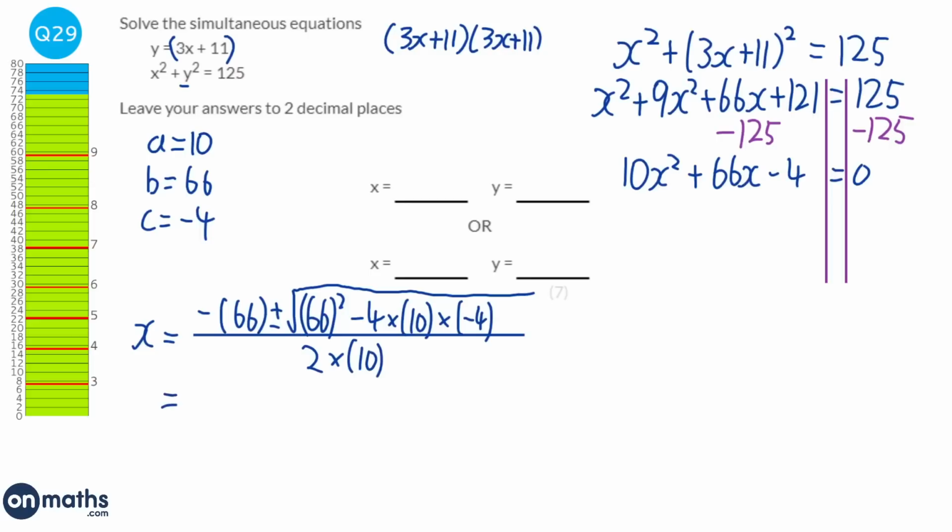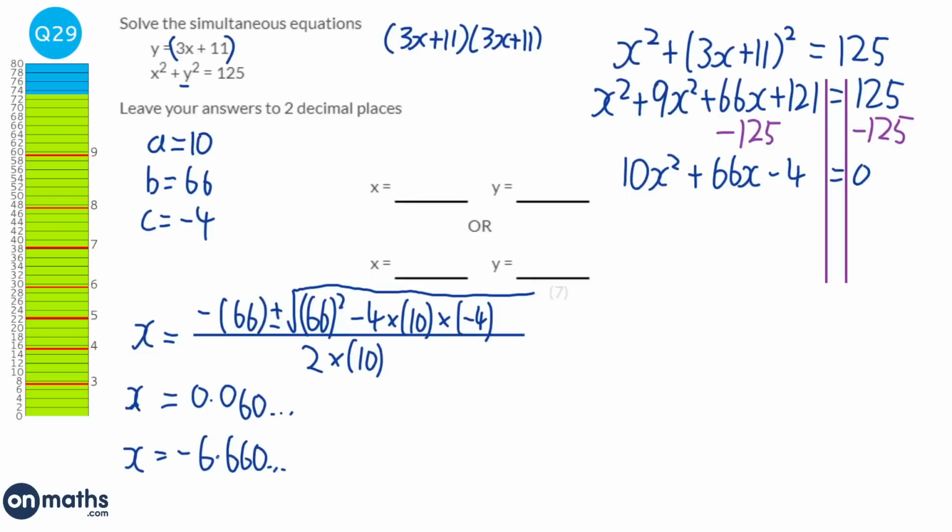When you put that as a plus, then into the calculator, we get x equals 0.060 blah blah blah, and when you put a minus there, we get the answer of minus 6.660 blah blah blah.